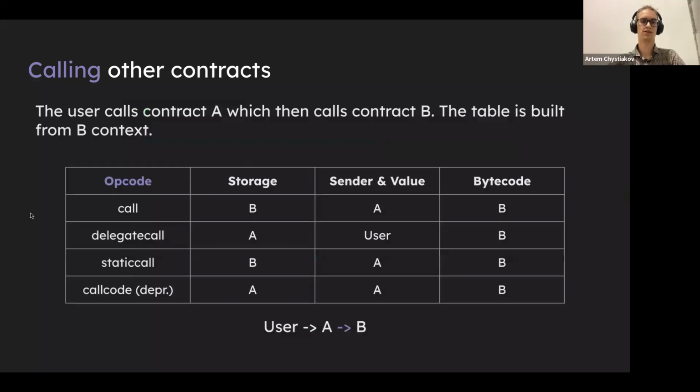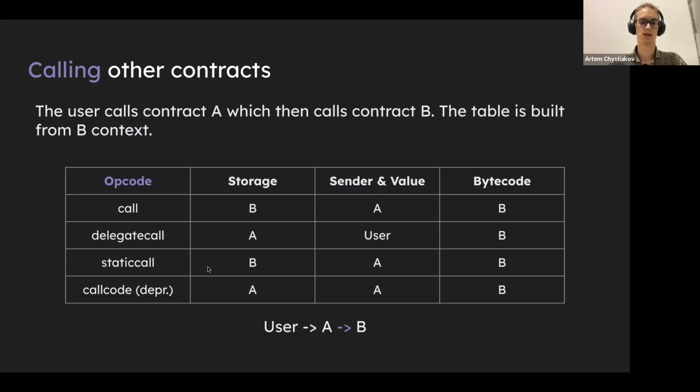And here are the differences between all of them. I will quickly go through them, not going into the depths of the calls, because we'll talk about, for example, delegate call when we cover proxies.